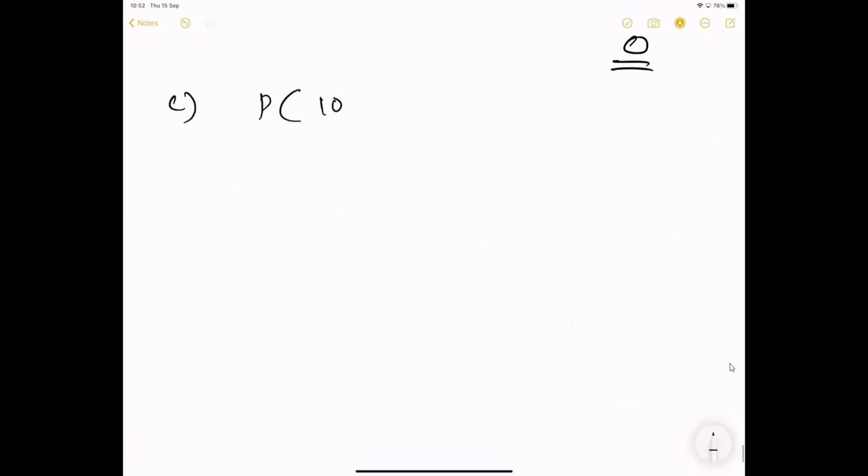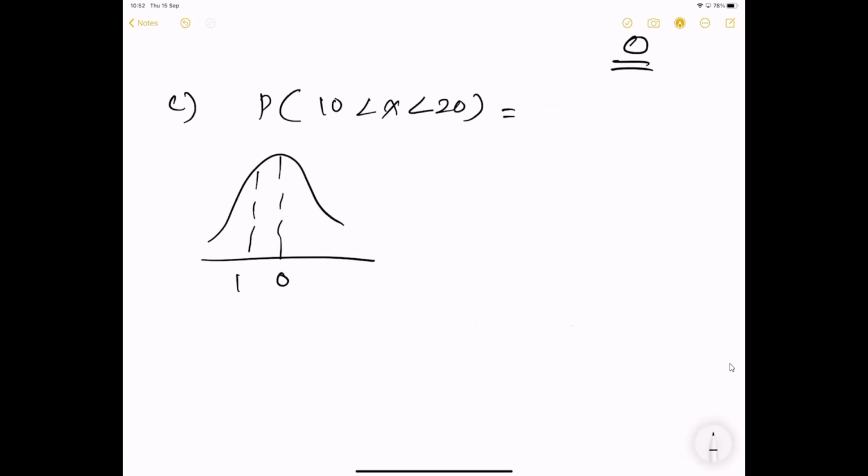So part C, that is 10 less than X less than 20. First we convert this into standard normal. This one is 10, this one is 20. We want to find this area.